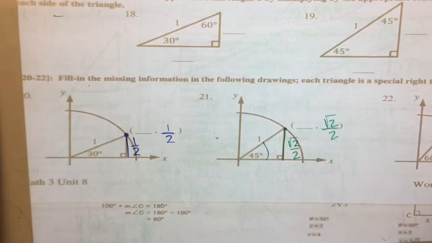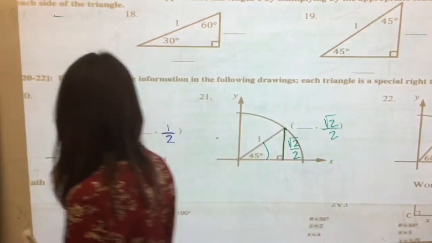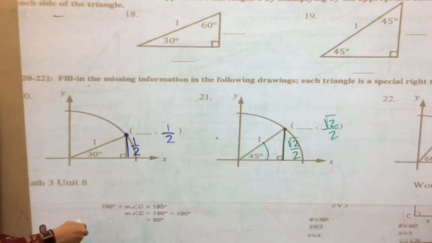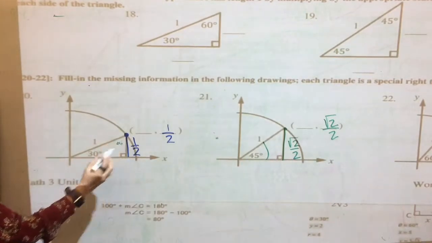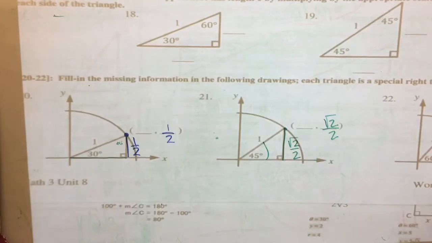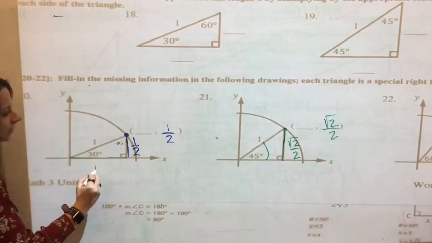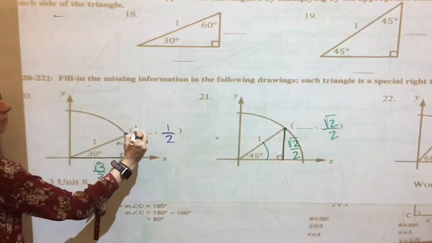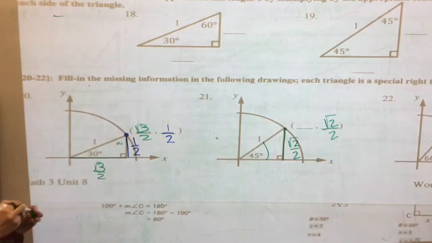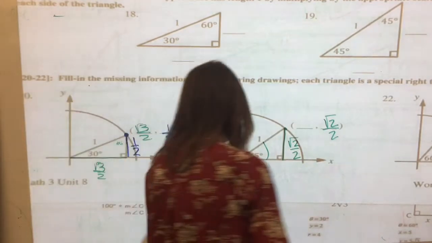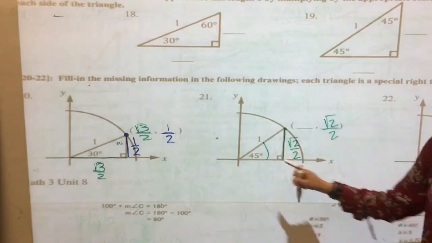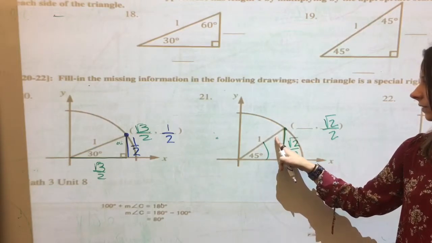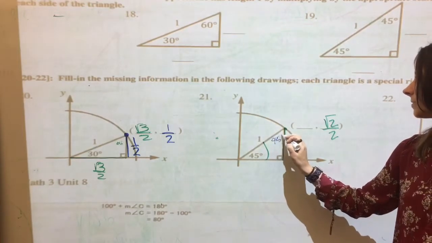Okay, Eric, can you tell me in this one, if this is a 30, what is that angle going to be? 60. And so if this is 60, what is always opposite the 60? Root 3 over 2. So what is my X coordinate? Root 3 over 2. Perfect. Excellent. And then Connor, if this is 45, what's this one? 45, and what's always opposite the 45?